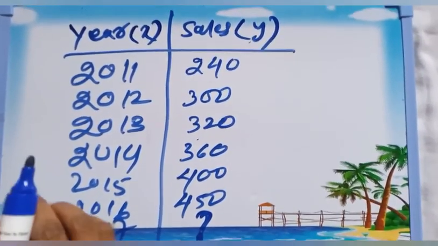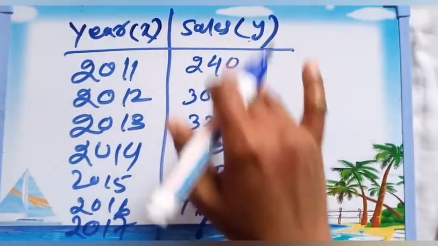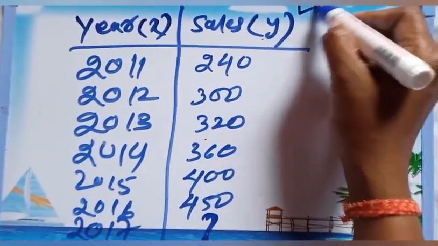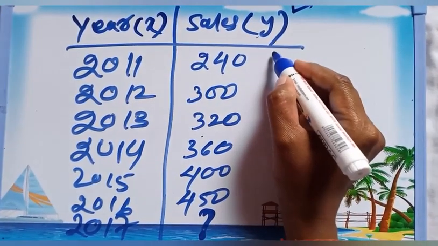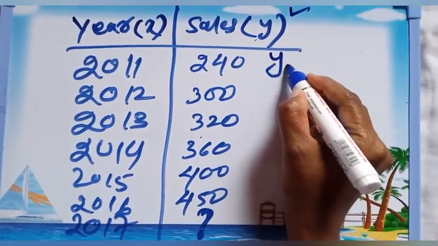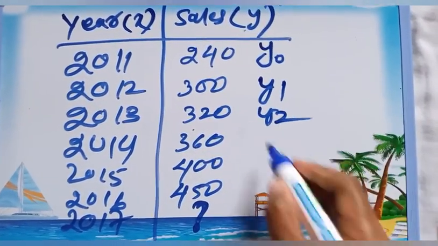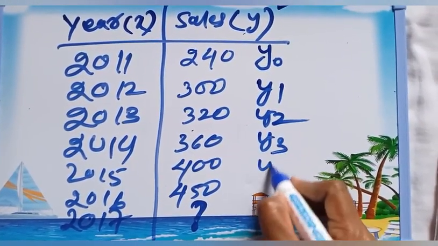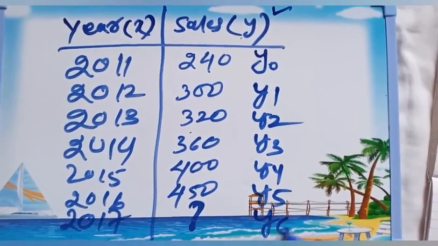First we write the x and y columns, where sales is y. For y we give the names y0, y1, y2, y3, y4, y5, and the last one is y6.